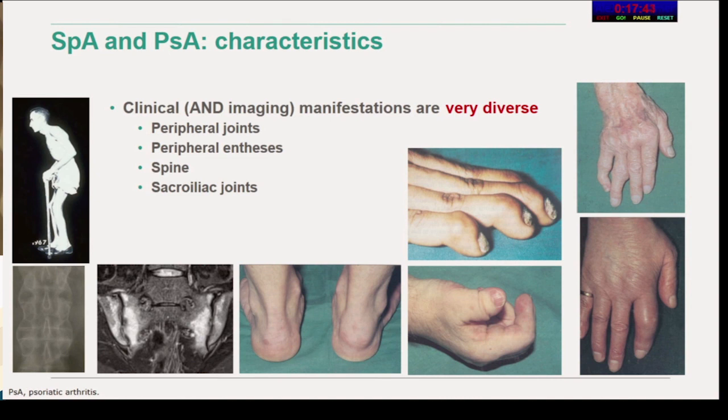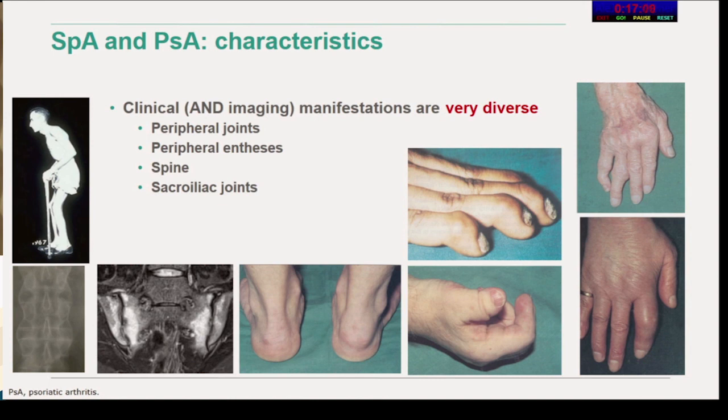There are manifestations both from peripheral joints and enthesis. There are manifestations from the spine and sacroiliac joints to varying degrees, depending on which of the several diseases are involved. As you can see in this image, you'll see the psoriatic manifestations with DIP joint involvement and psoriasis, obviously, and other things that look more like rheumatoid arthritis, and you have dactylitis, and you have arthritis mutilans in psoriatic arthritis.